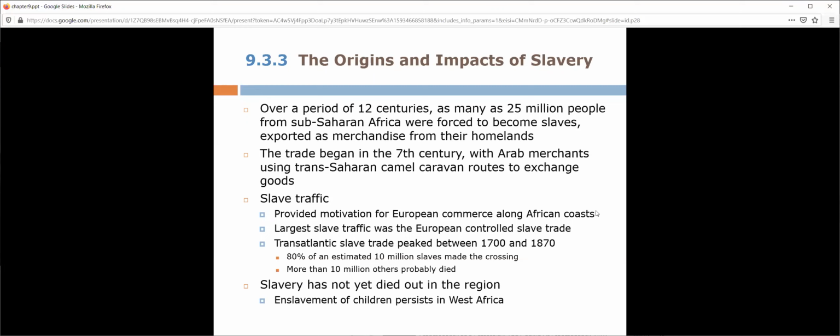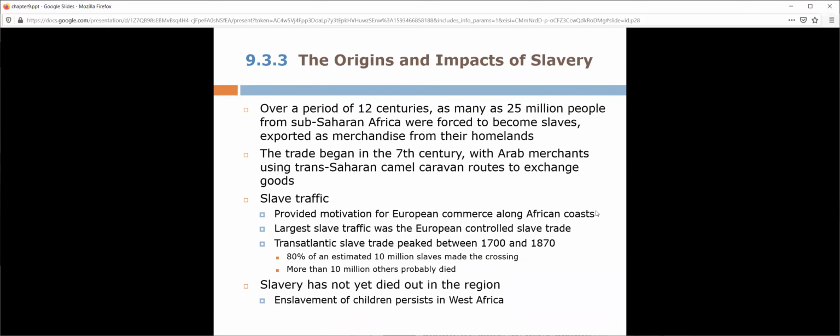The slave trade began in the 7th century with Arab merchants taking people and traveling them throughout the Middle East and the Silk Road. Slave traffic provided the motivation for the European commerce along the African coast, and the largest slave traffic by size was controlled by the European slave trade.